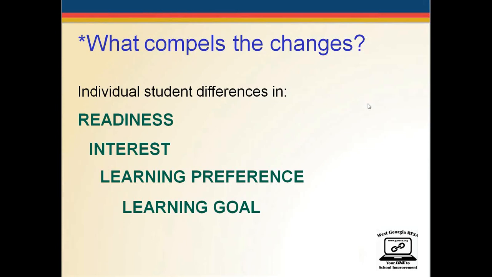There are a lot of terms that are interchangeable with this. Sometimes people say skill, differences in student skill, differences in student ability. That, of course, is readiness. Learning goal.